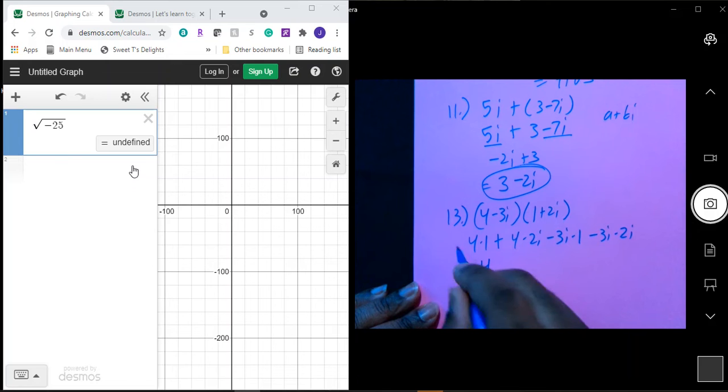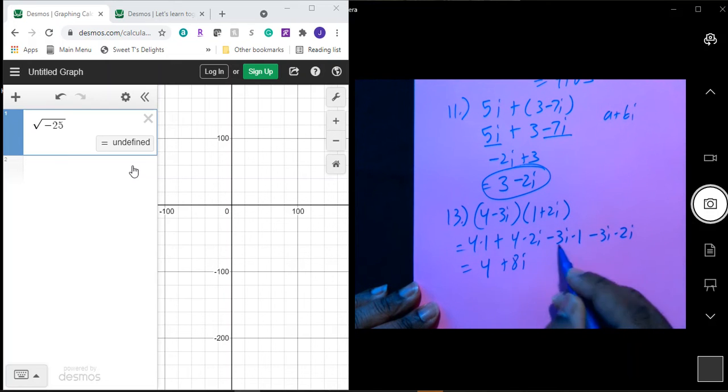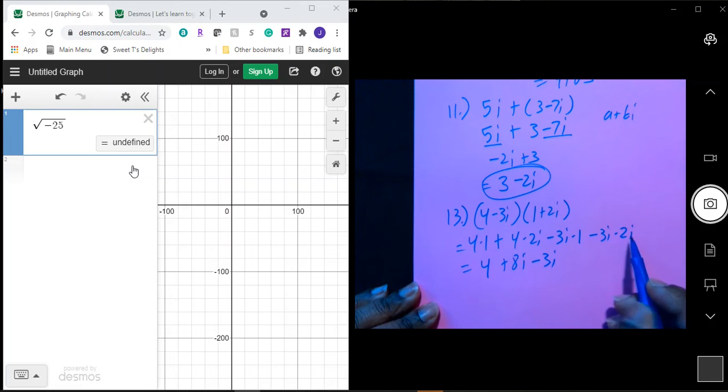So 4 times 1 is 4. 4 times 2i is 8i. Negative 3i times 1 is negative 3i. And then negative 3i times a negative 2i. Negative times a negative is a positive. 3 times 2 is 6. And i times i is i squared.